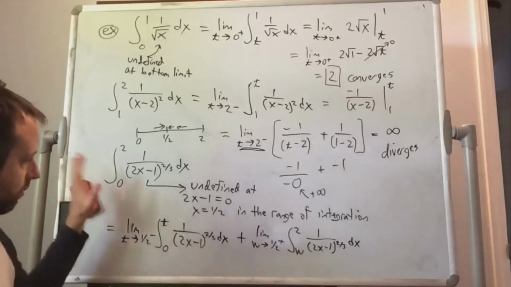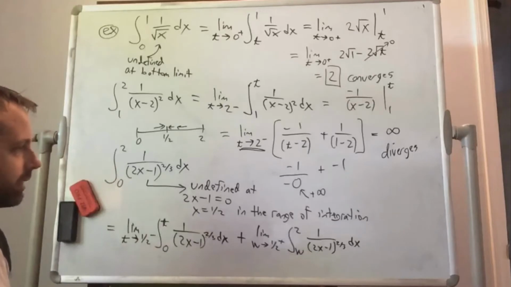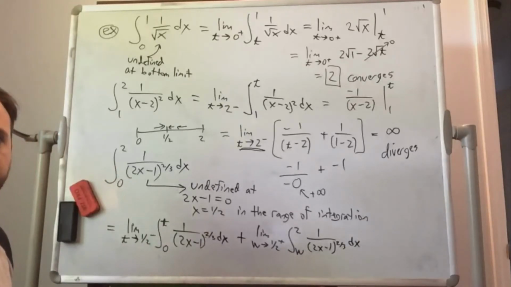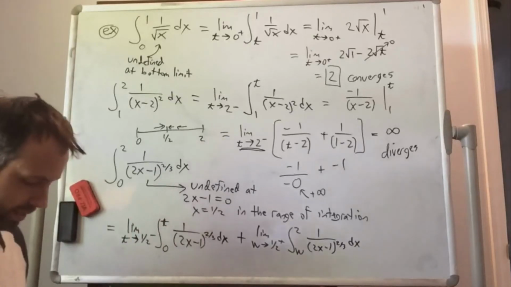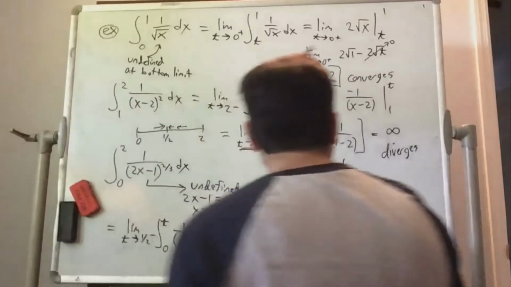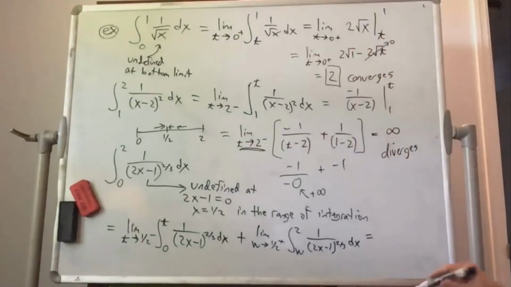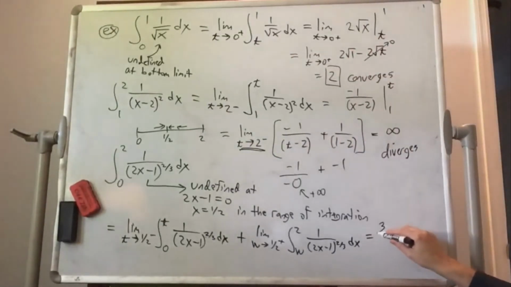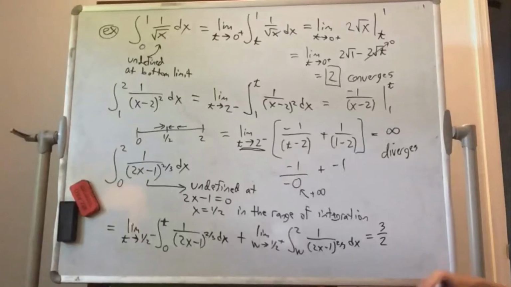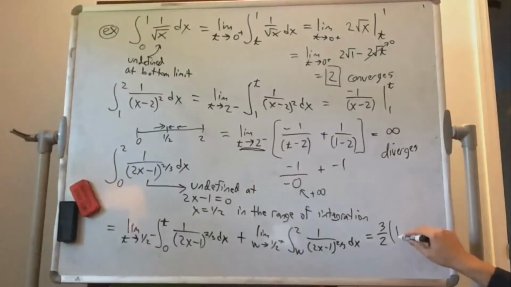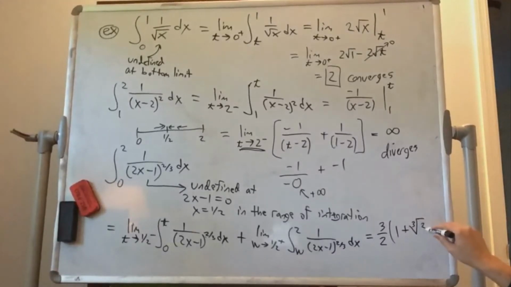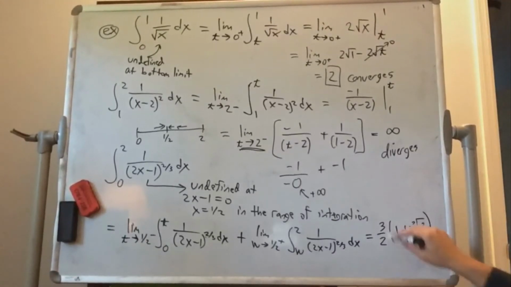All right, so I don't want to go through all the work because it's very messy in this one and rather long, but for those that want some extra practice or have been a little rusty with algebra or Calc 1, I will give you your final answer here. So you can check it out at home if you wish. Well, I guess you are at home, but in your own time. 3/2 times 1 plus the cube root of 3 is what you'll end up with in this case.